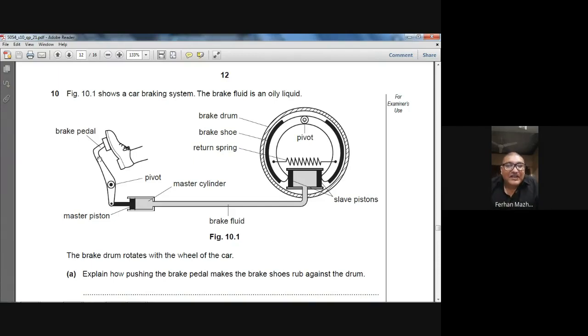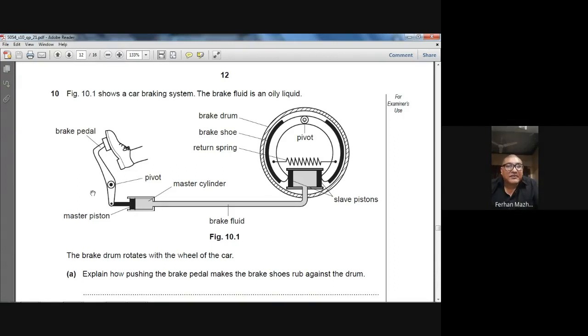If you look at this body carefully, here is the pivot. Whatever moment is produced here, if you produce an anti-clockwise moment, the same anti-clockwise moment will be produced in the master piston. The force you applied by your foot has a quite large moment arm, and the moment arm of the master piston is smaller. It's the perpendicular distance from the pivot.